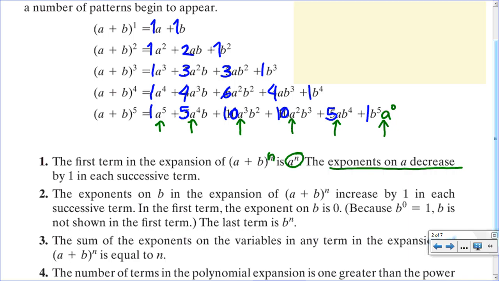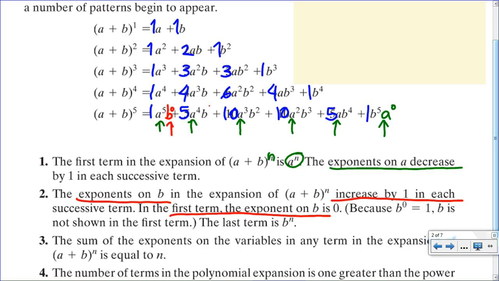Okay. Now, if we look at the exponents on B, they increase by 1 in each successive term. So one after the other. And the very first one is going to be B to the power 0. So if you notice here, we have B to the power 0, but then the exponents for B are increasing by 1.